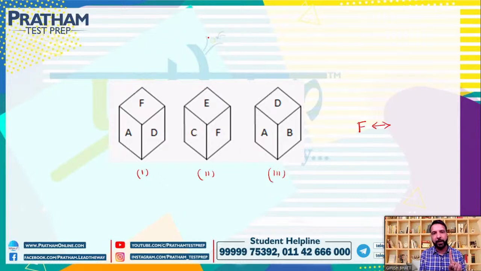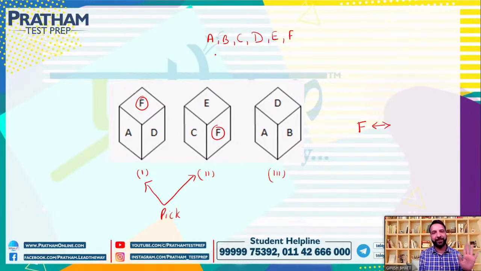Letters here are A, B, C, D, E, and F. Common letter is F, and the letter which is not visible, in first 2, pick first and second. F's opposite is E. Excellent.